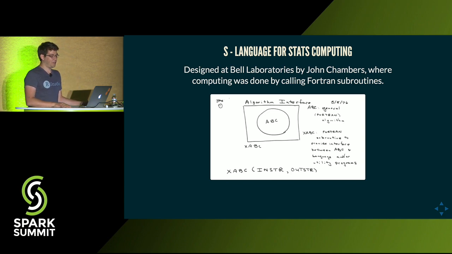So this was already a while ago, but what is interesting from this slide is that the main problem that S was trying to solve is to give users a better user interface while dealing with these complex systems written in Fortran. So what he has here in his diagram is basically he's representing the Fortran code base as ABC.